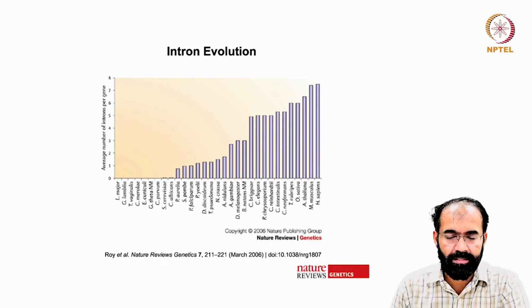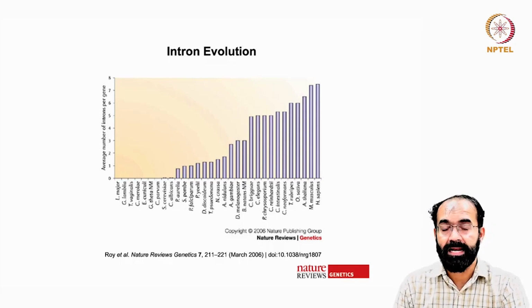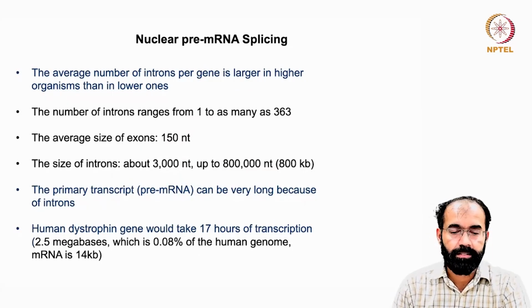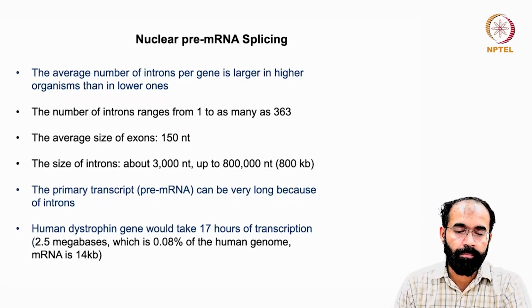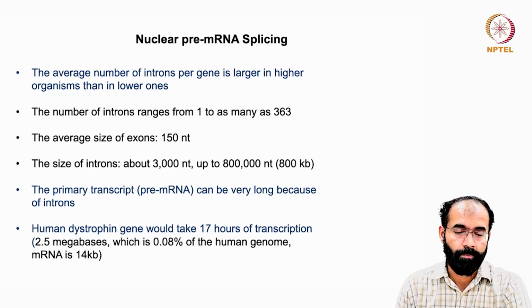So we should understand that as the evolutionary complexity increases, the number of introns also increases. Let us quickly see a little more detail about nuclear pre-mRNA splicing, because the relevance is important to connect here. The average number of introns per gene is larger in higher organisms than the lower ones.